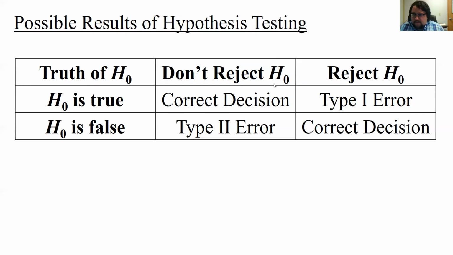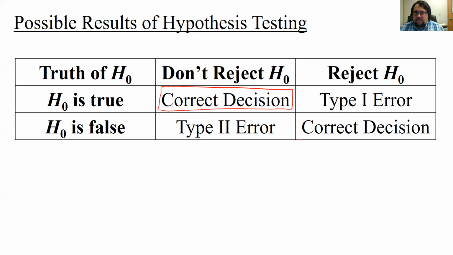In the first box, the null hypothesis is true, and we don't reject it. We do our research and say there's not enough information to clearly reject the null hypothesis. That ends up being the correct choice. The null hypothesis was true, things hadn't changed, and we didn't say they did. So that's great.